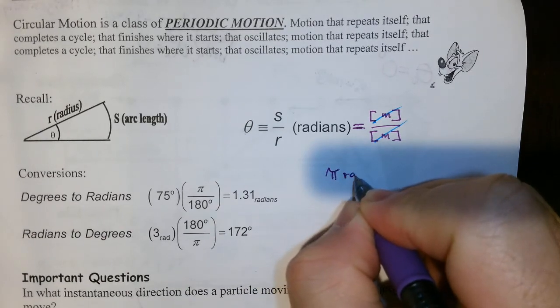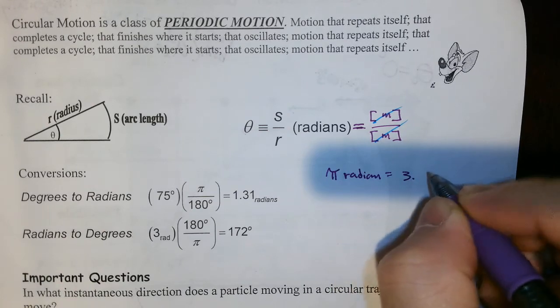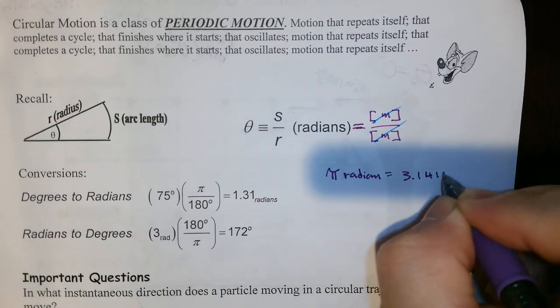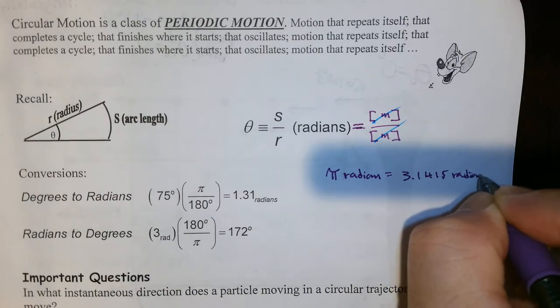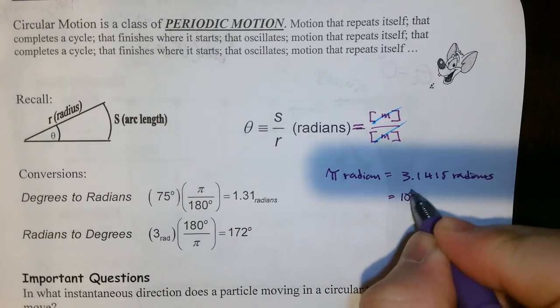All right? And in pi radians, there are 3.1415 radians. And pi radians is also equal to 180 degrees. It's half a circle.